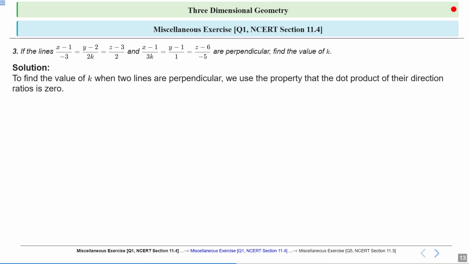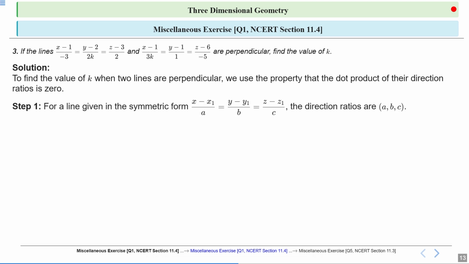To find the value of k when two lines are perpendicular, we use the property that the dot product of their direction ratios is 0. For a line given in the symmetric form x minus x1 upon a is equal to y minus y1 upon b is equal to z minus z1 upon c, the direction ratios are a, b, c.